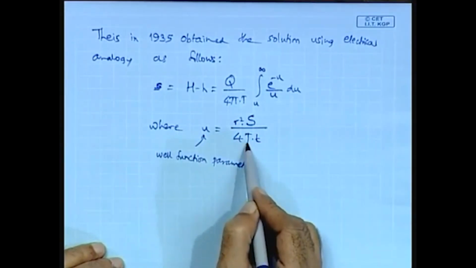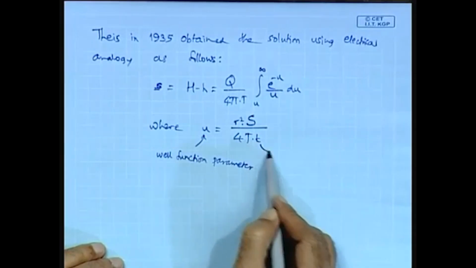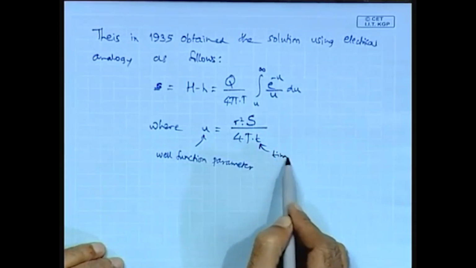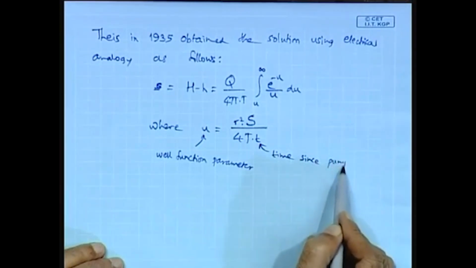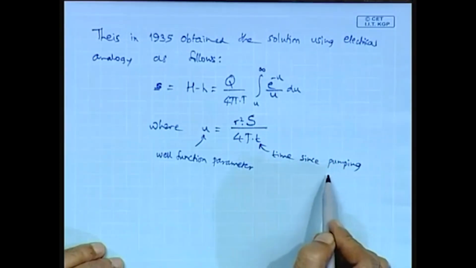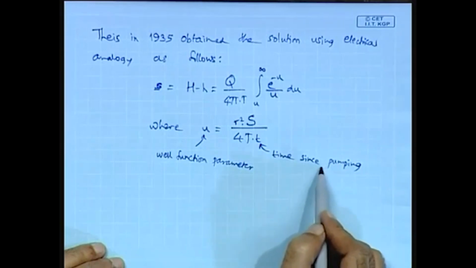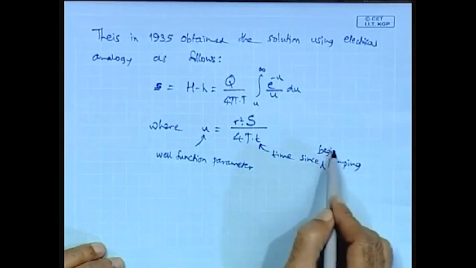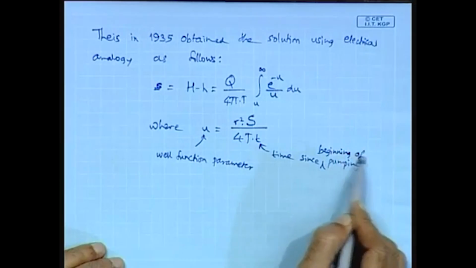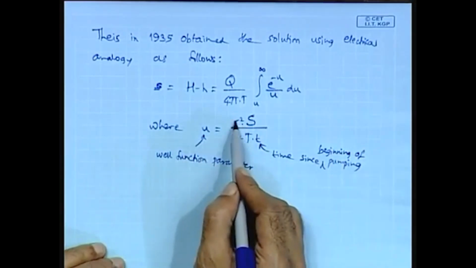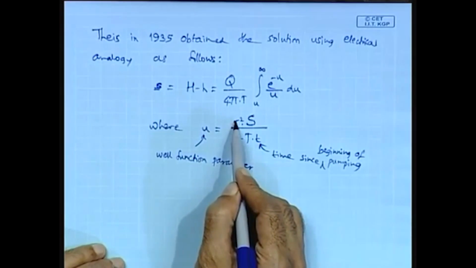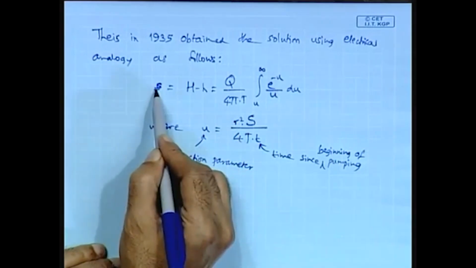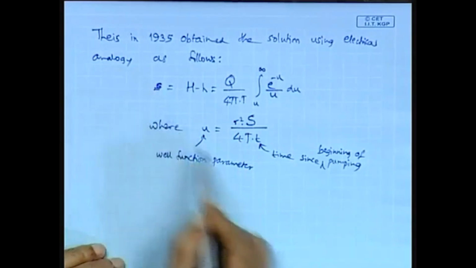So, T is the transmissivity, and t is the time since the beginning of pumping. And this r is the radial distance where the drawdown is s.